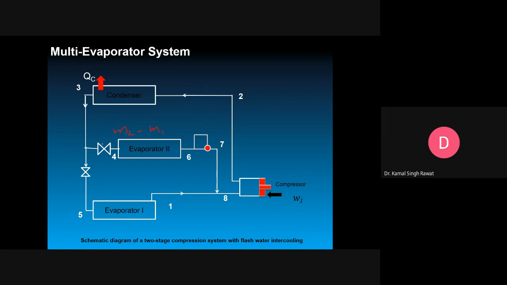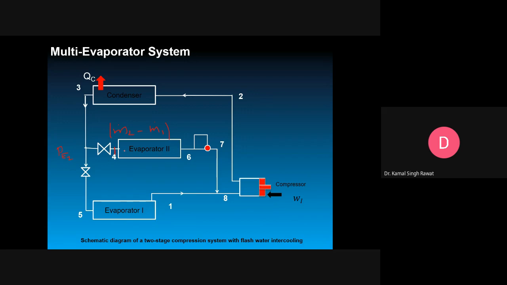Okay. Now, in this process 3 to 4, we have expanded the liquid. How much liquid? The mass flow rate is M2 dot minus M1 dot. So this liquid will be expanded, and at point 4 we have a liquid plus vapor mixture at which pressure? Second evaporator pressure.